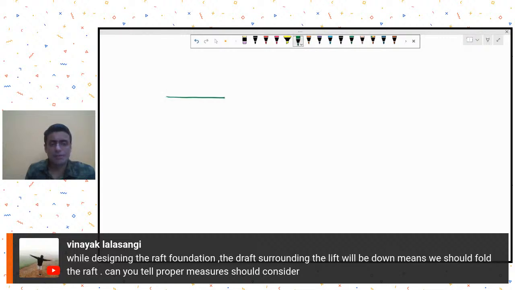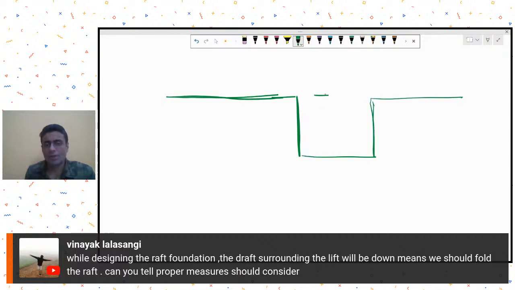This was my raft top level. Now suddenly there is a lift that I have to accommodate in the raft itself. Now this is 1.5 meters. Now what do I do? How do I manage my raft?